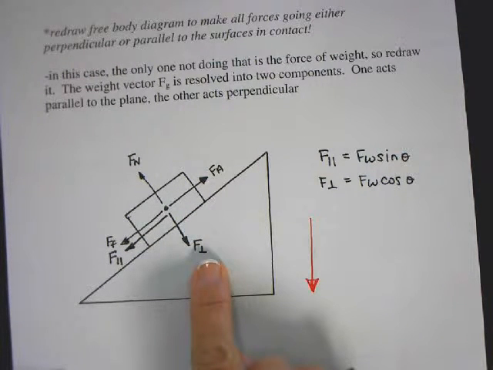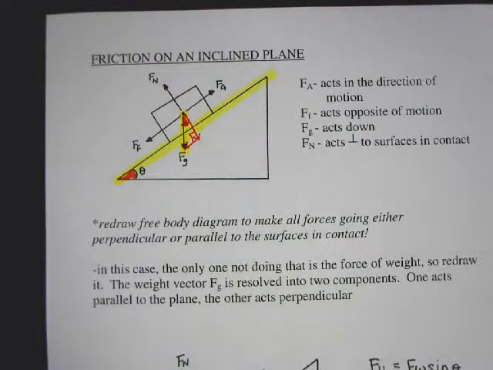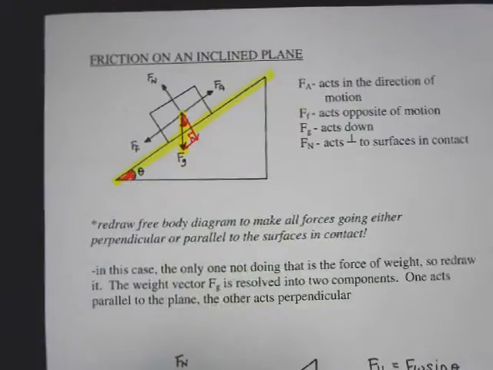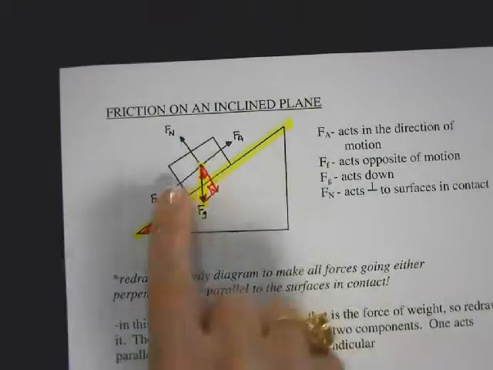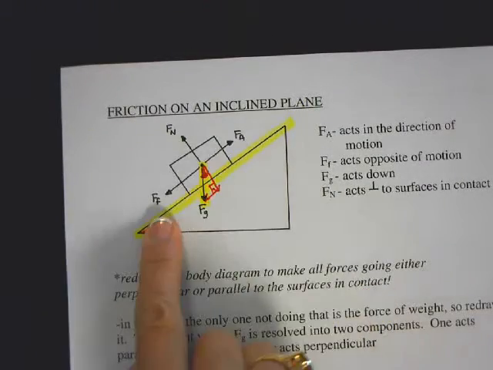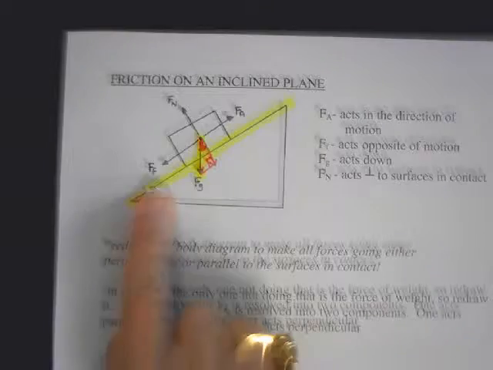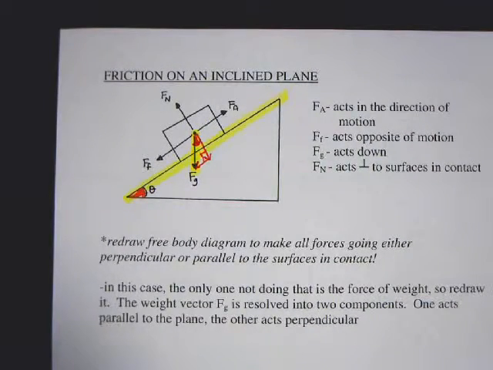Now, here's another big mistake that people make when we do friction. Let's say a block is moving down an incline. Is there always going to be an applied force? No, there's not always going to be an applied force. So let's say I have an incline.